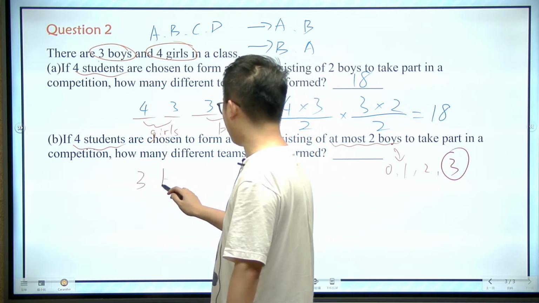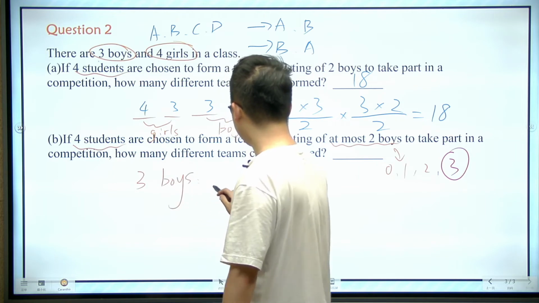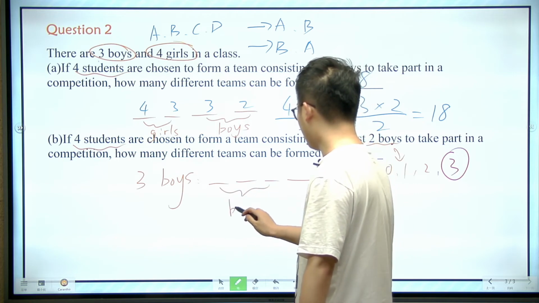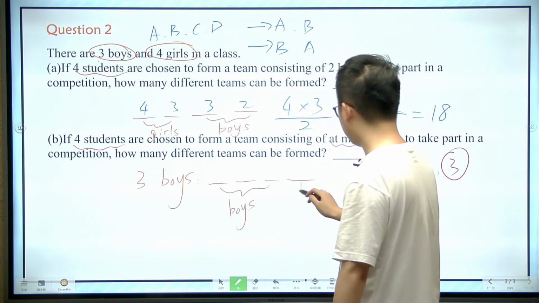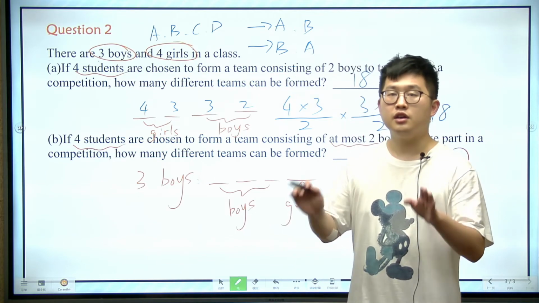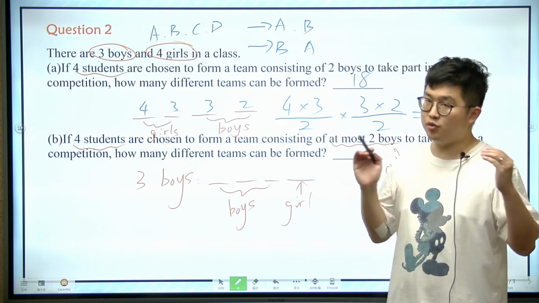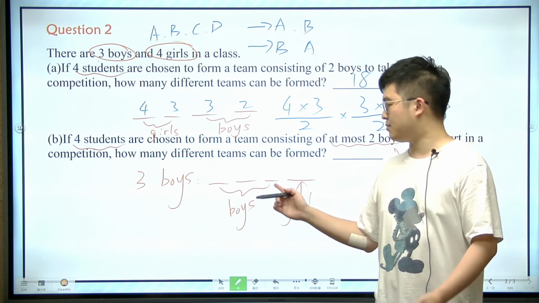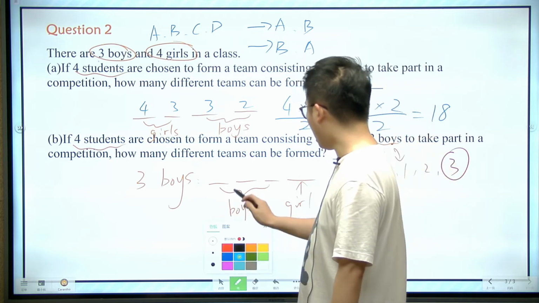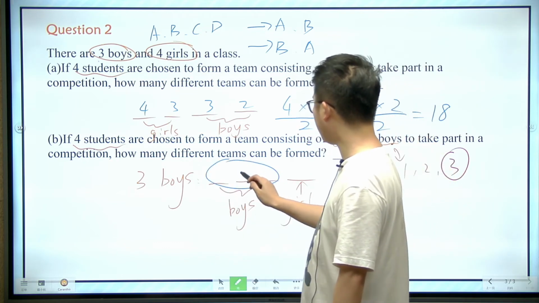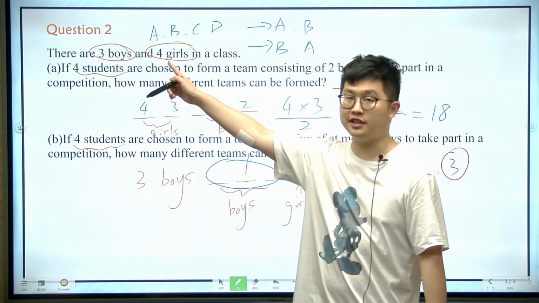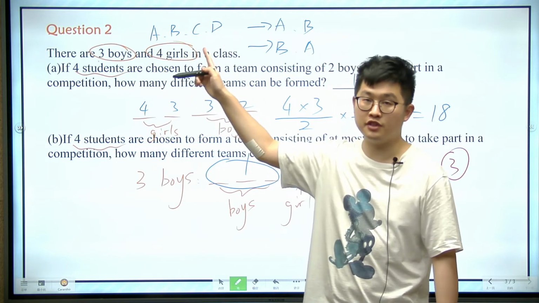If we have 3 boys, which means among the 4 places, 3 of them are boys, so only 1 girl. Now, why do I highly recommend this? Because if we choose 3 boys, there is only 1 option. You need each and every one of the 3 boys.